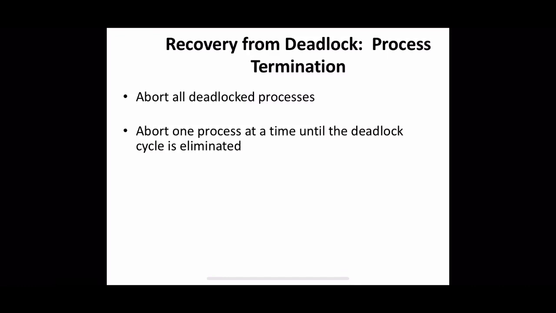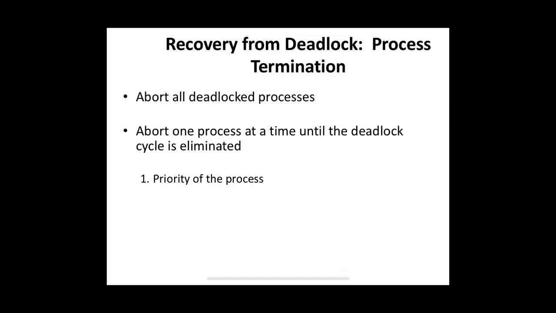Obviously, we have to select a process with the minimum cost. Again, that is a challenging thing, that is determining the cost of a process abortion. That also is not straightforward to measure. Just for example, many factors affect the cost of a process, right?